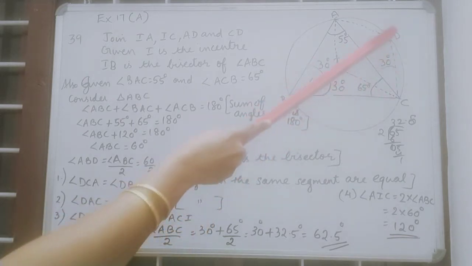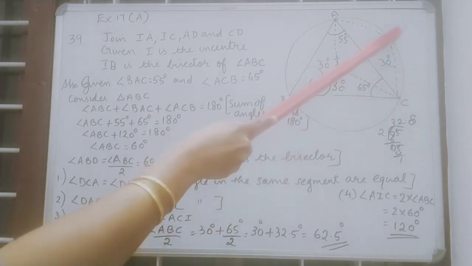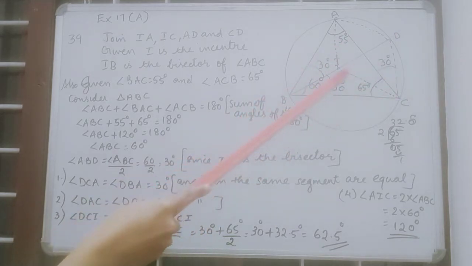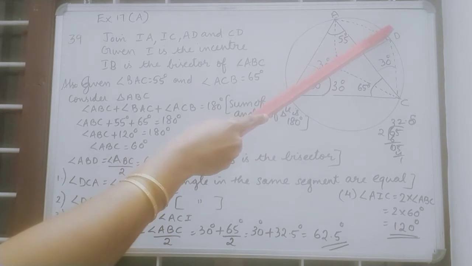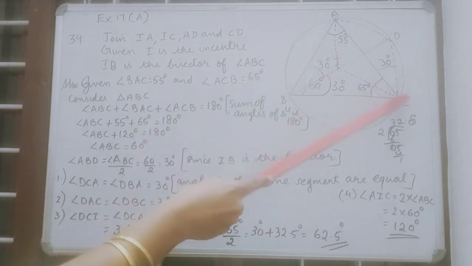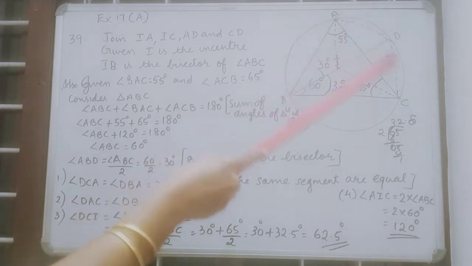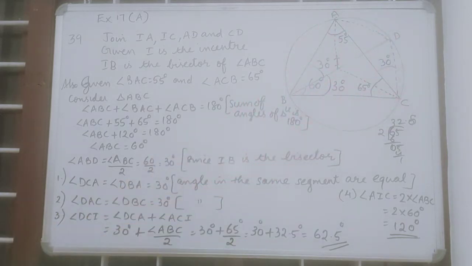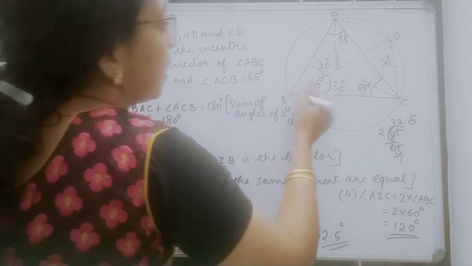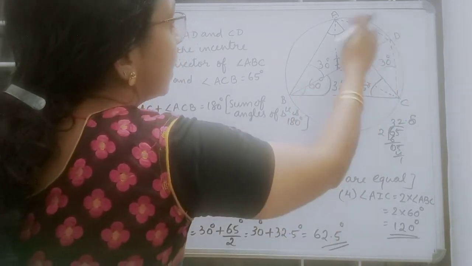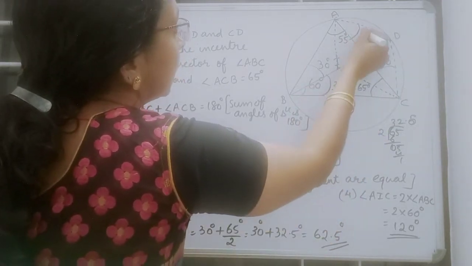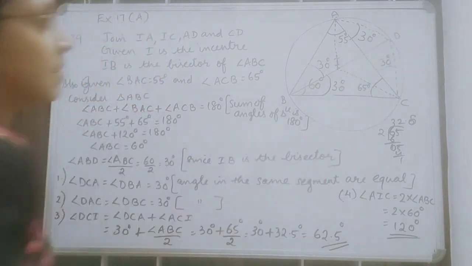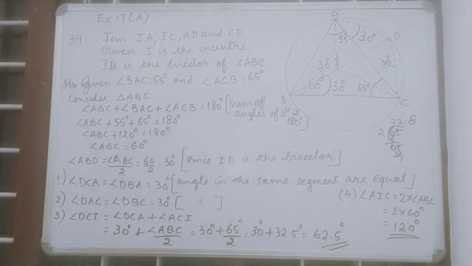DBC lies in the segment DC, and DAC also lies in the segment DC. So DAC will also be 30 degrees since these two lie in the same segment DC. That is the second part.